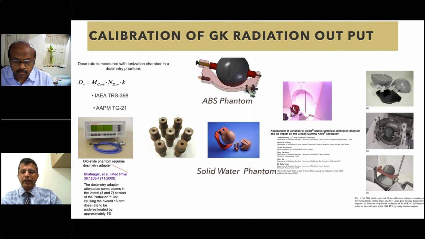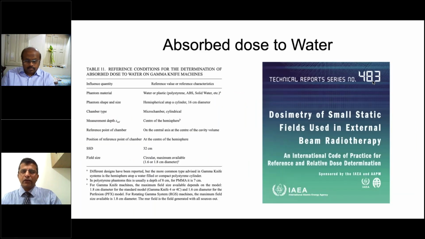Before the existence of TRS 483, there were no corrections available for the calibration, or the standard reference conditions were not available. But now, after the introduction of TRS 483, there is clear information and reference standards for each unit.